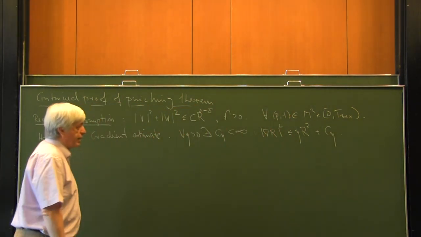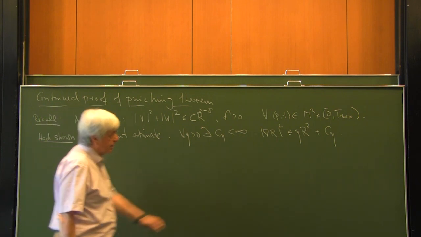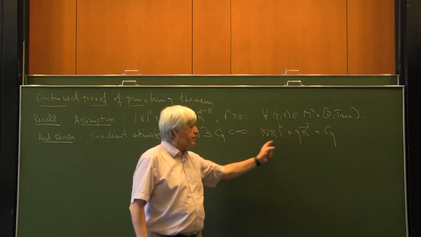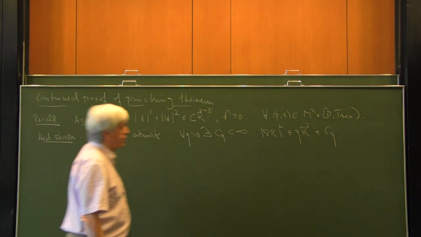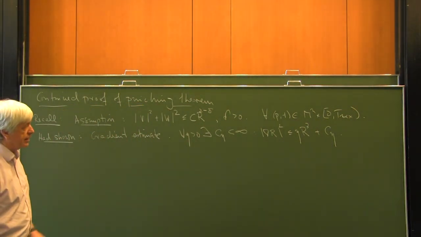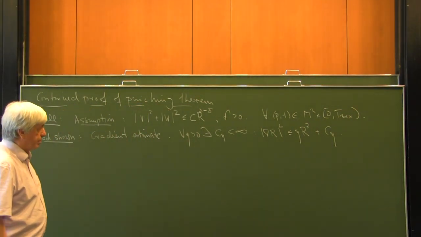And this breaks the scaling invariance in the sense that this eta can be made arbitrarily small, whereas c_eta is of lower order.